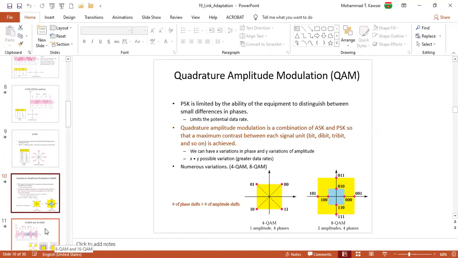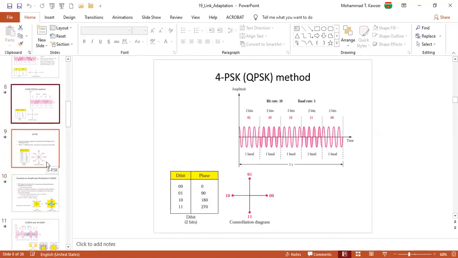So in this case, if you consider PSK, there is a sudden change in the phase, so you jump in the instantaneous state of the signal. There is a sudden jump, but before you transmit, you need to filter.